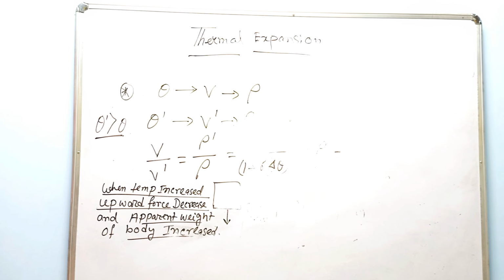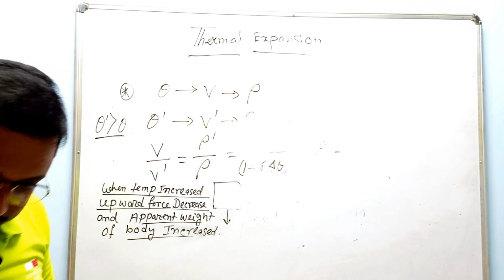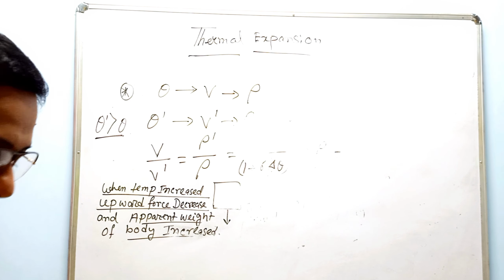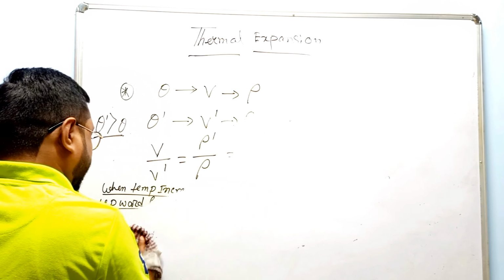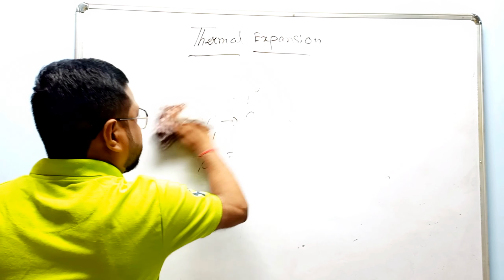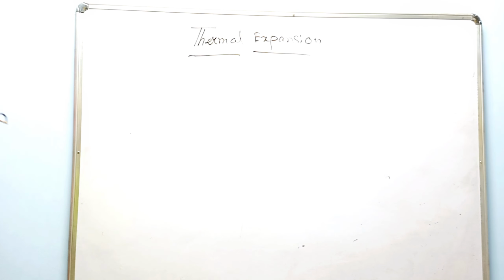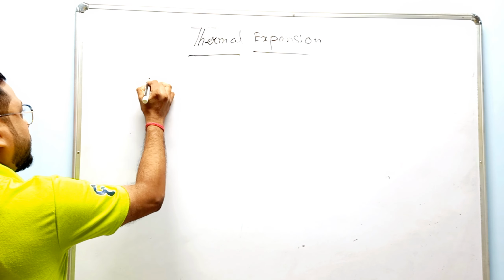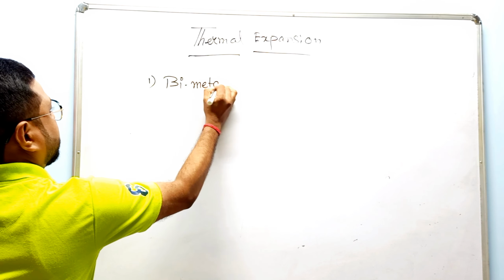A bimetallic strip is nothing but two types of material of equal length, connected in such a way that when temperature increases, it bends.